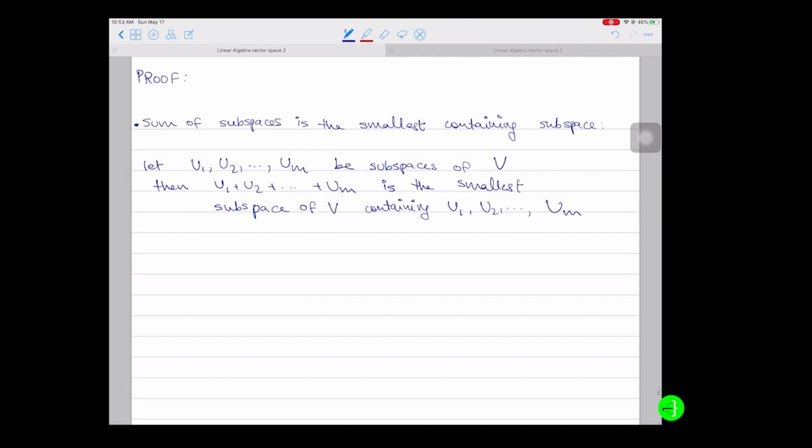And this is the basis of where we get the term direct sums. So please follow the proof.